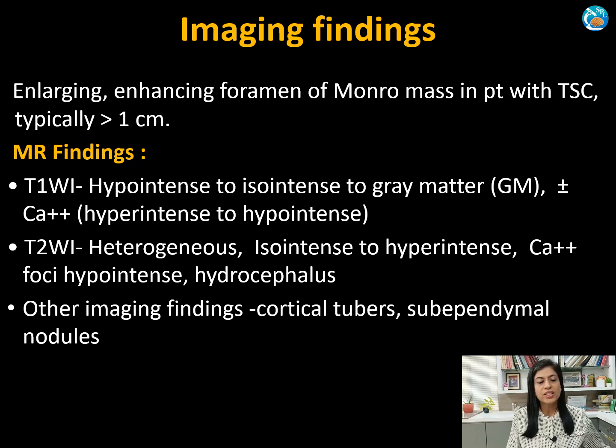Whereas on T2 weighted images, SEGA appear as heterogeneous iso to hyperintense, whereas the calcium foci appear hypointense. Hydrocephalus may be present. Other imaging findings such as cortical tubers or subependymal nodules may be found.